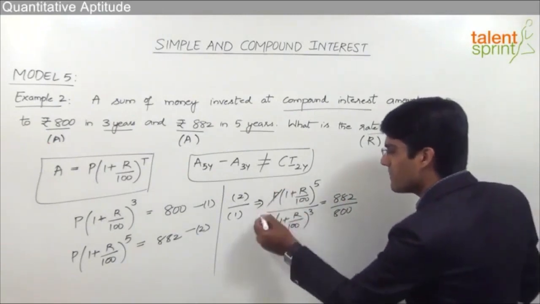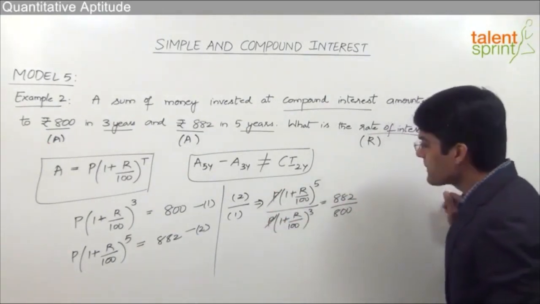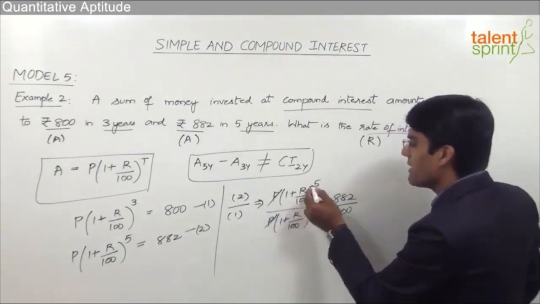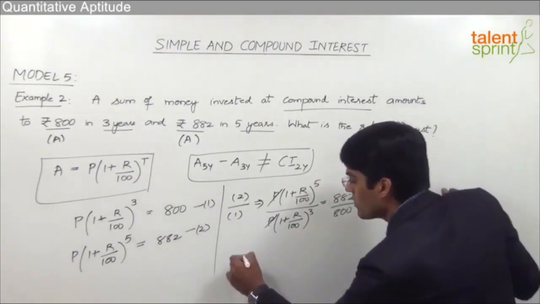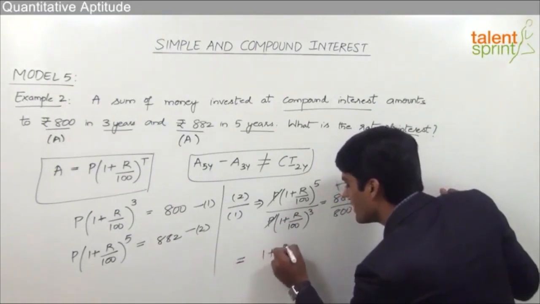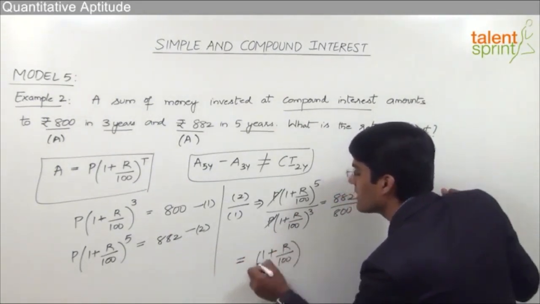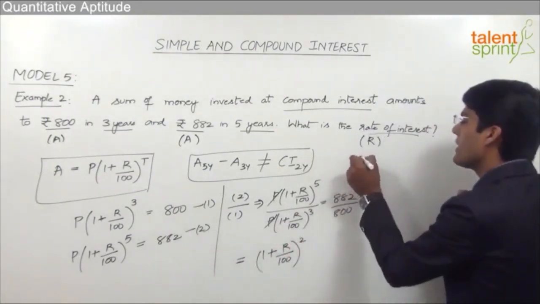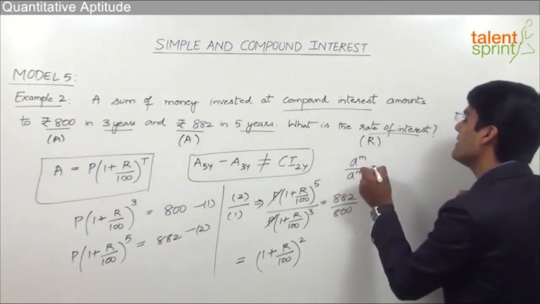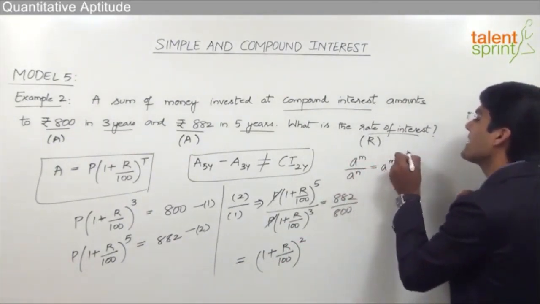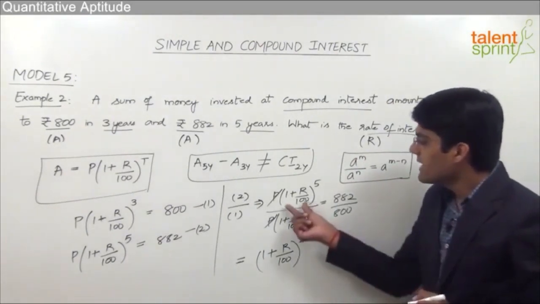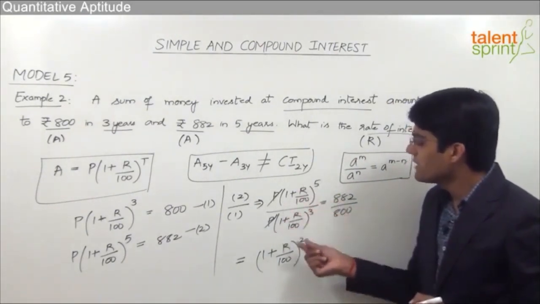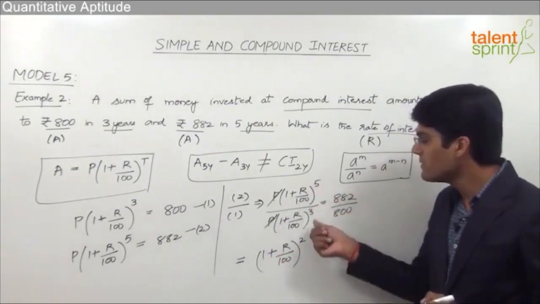So as you can see here, principal and principal get cancelled and 1 plus R by 100 whole power 5 divided by 1 plus R by 100 whole power 3 will be equal to 1 plus R by 100 whole to the power of 2. Why? Because a power m divided by a power n will be equal to a power m minus n from the concept of indices. So this is like a power 5 divided by a power 3 should be equal to a power 5 minus 3, which is 2.